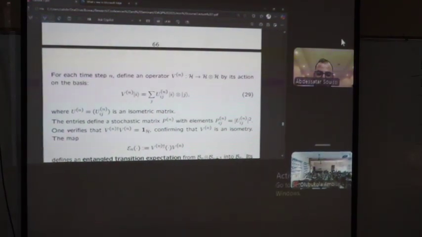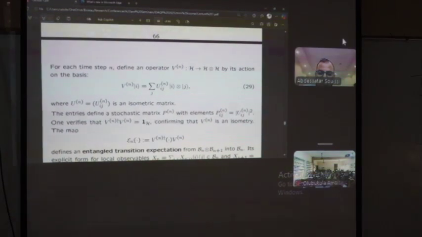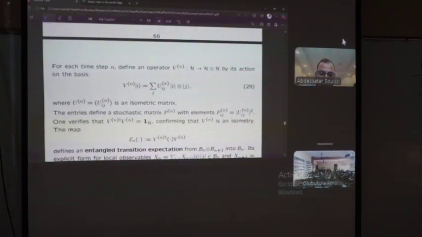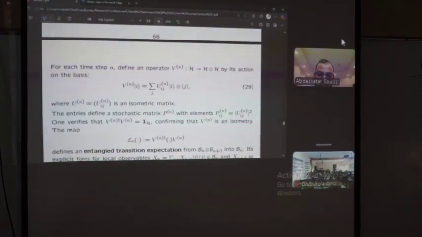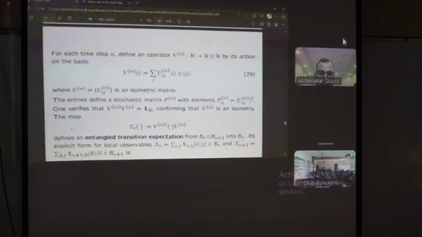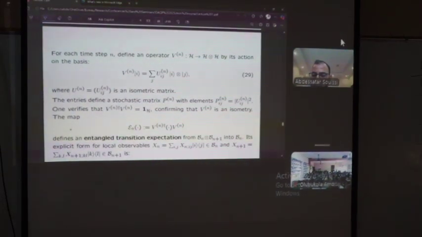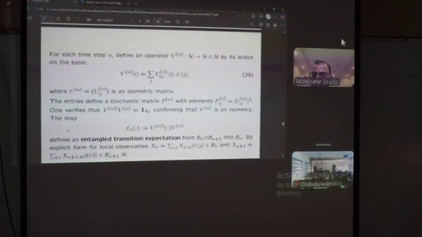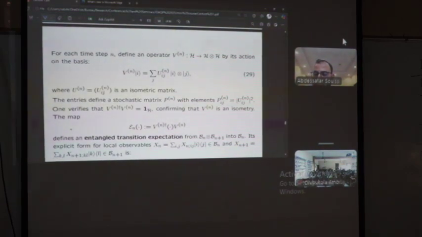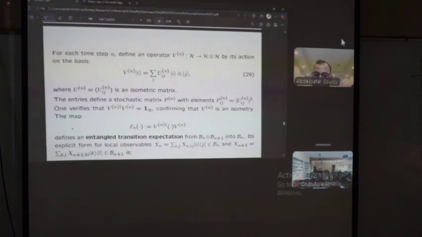Even in the homogeneous case, we can consider this sequence where U is an isometric matrix. The subtle point is that when we consider such a U, the matrix whose entries are the modulus of Uij is stochastic.